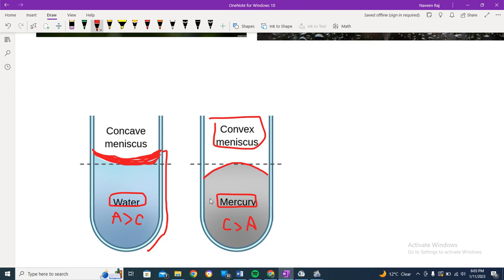Mercury is just repelling the contact area, so how will it be reduced? You can see that the contact area is smaller, and this is due to the geometrical structure. Due to the cohesive forces, it naturally forms a convex meniscus to be more stable, showing its cohesive properties and repelling the adhesive properties, while the water showed its adhesive properties, repelling the cohesive properties. This was the simple fact behind it.